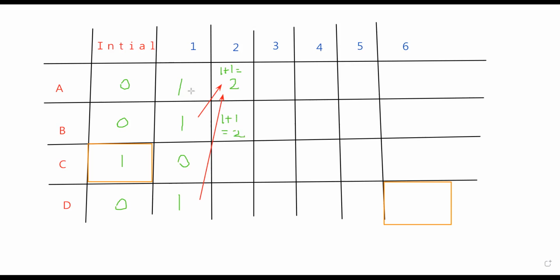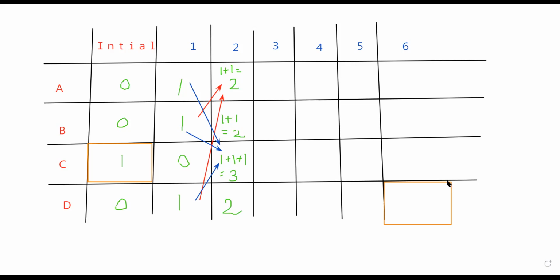Since the ball can pass from A to C, B to C, or D to C, there are actually 3 different ways to pass the ball to C, from whichever of A, B, or D. So it would be 1 plus 1 plus 1 equals 3. So there are 3 ways. And D is also 1 plus 1, which equals 2.